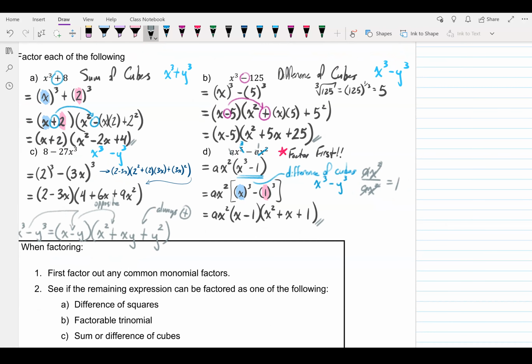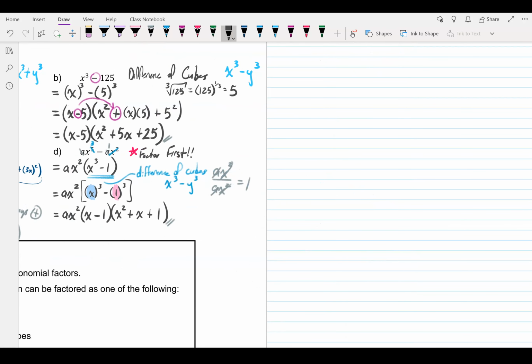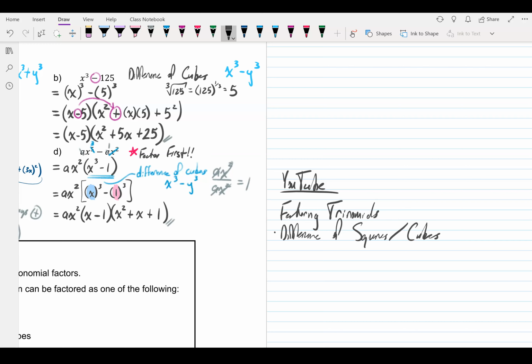The other thing I would recommend is to go on YouTube. And there's a million, like maybe not a million, but there's certainly thousands of YouTube videos on how to do this. So you can just YouTube factoring. You can YouTube difference of squares. And of course you could also YouTube difference of cubes. All this stuff is there. The first one is probably a good idea to put in factoring trinomials to be specific.